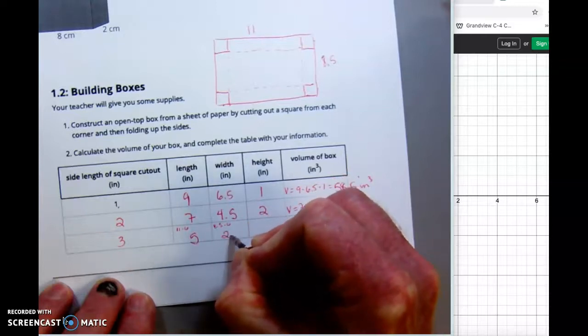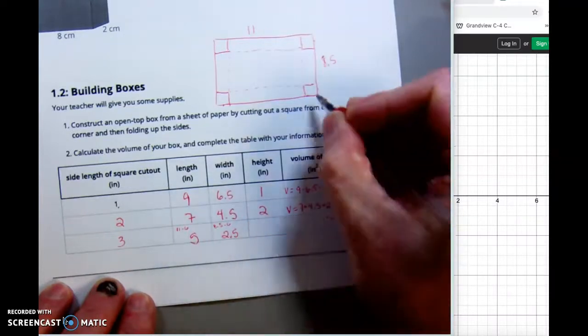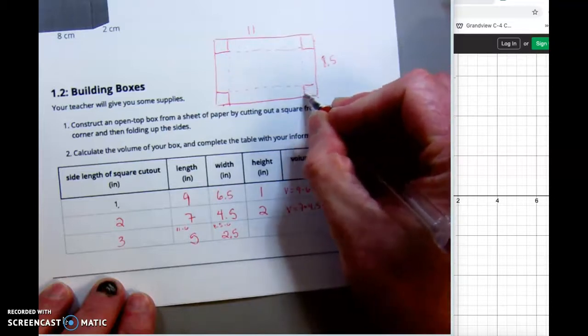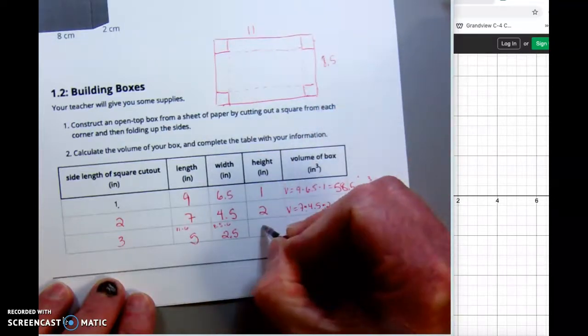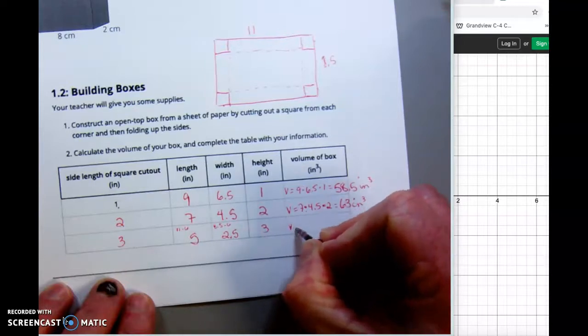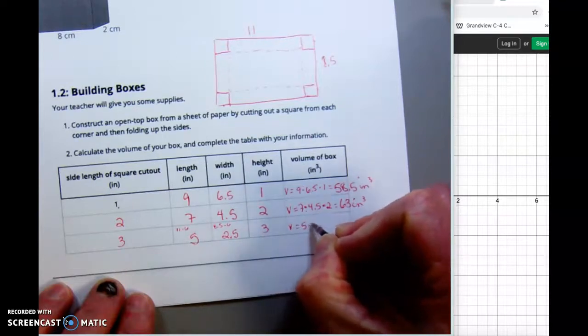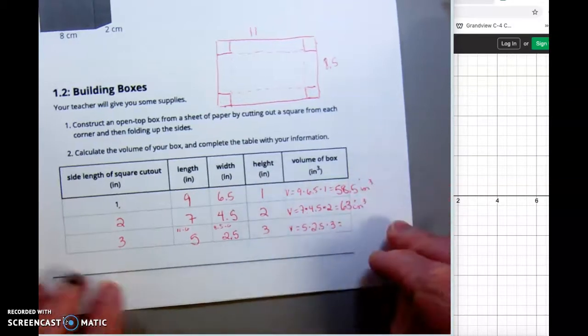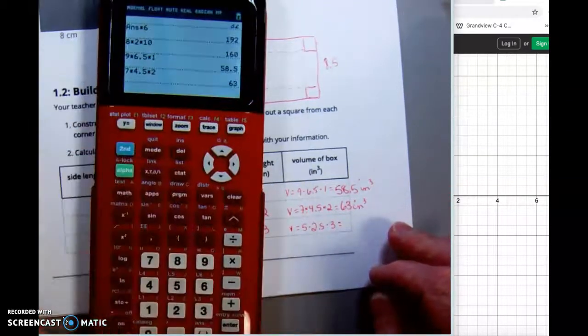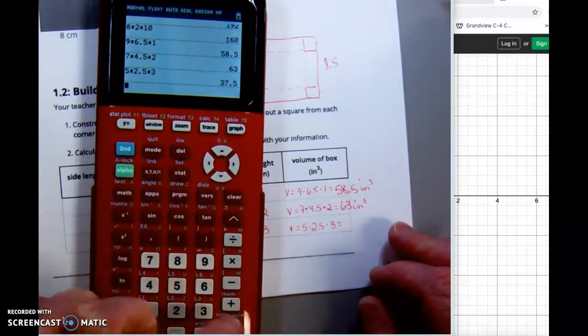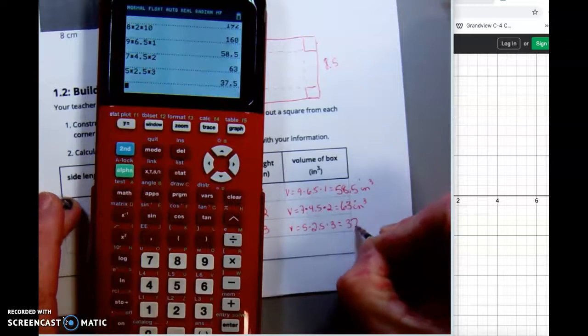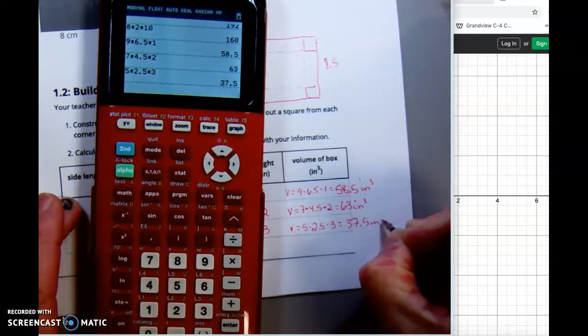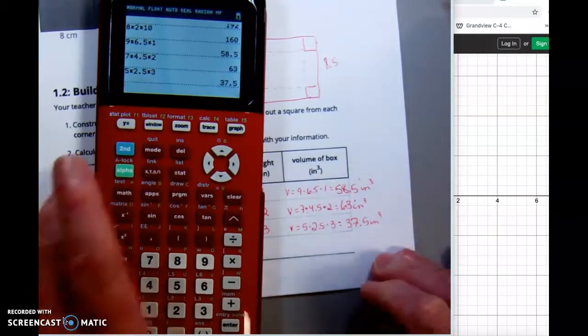So now it's only 2.5 wide. And these would be 3-inch squares, so that would be the height of our prism. So volume equals 5 times 2.5 times 3. 37.5 inches cubed.